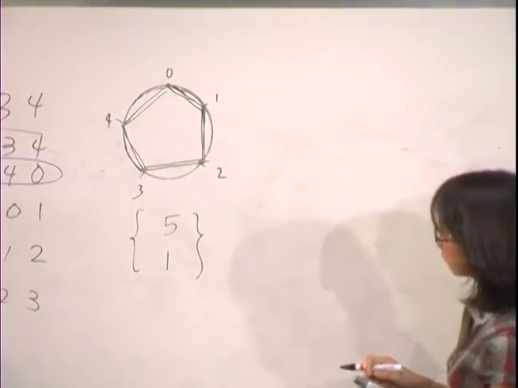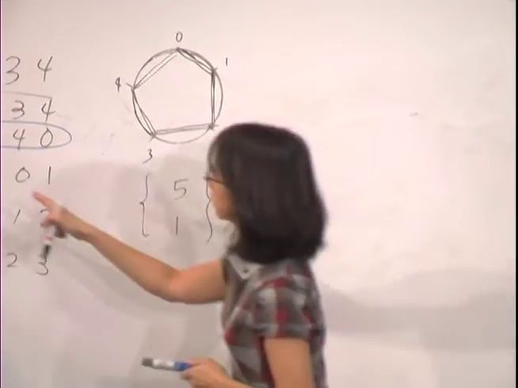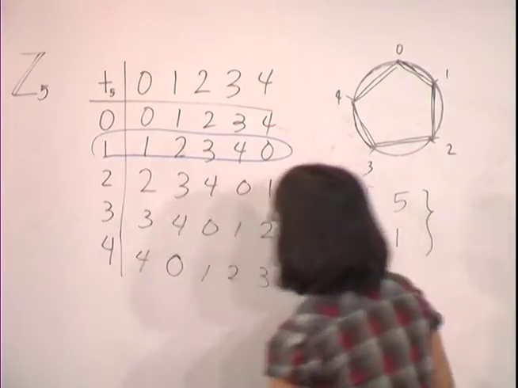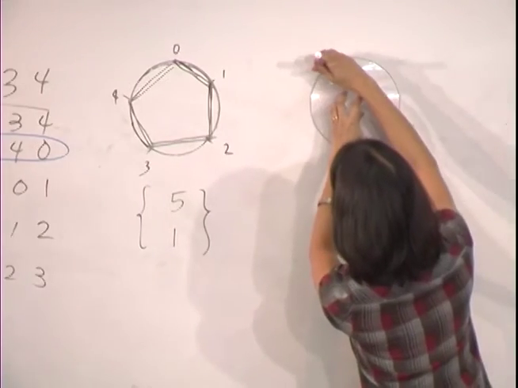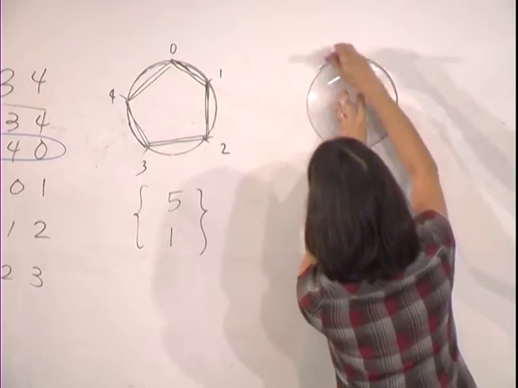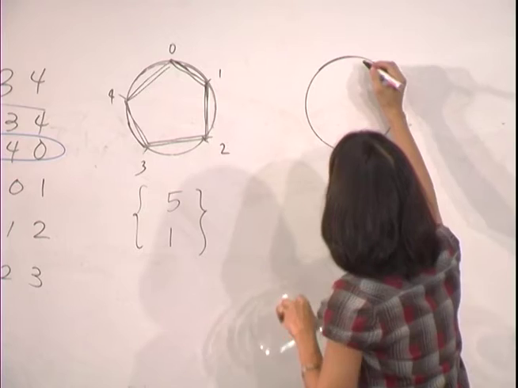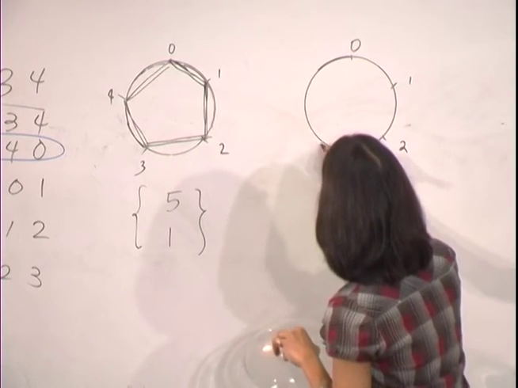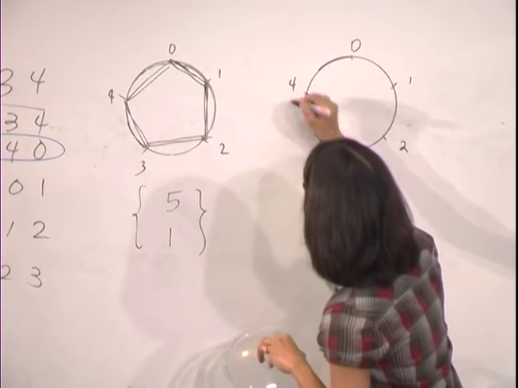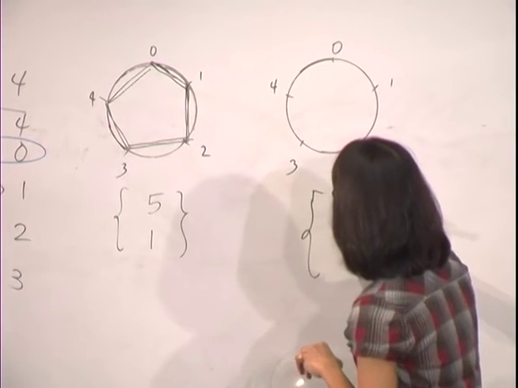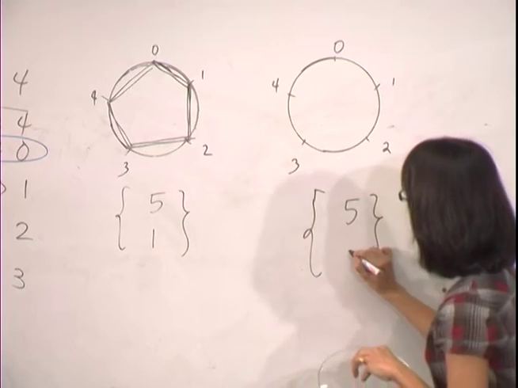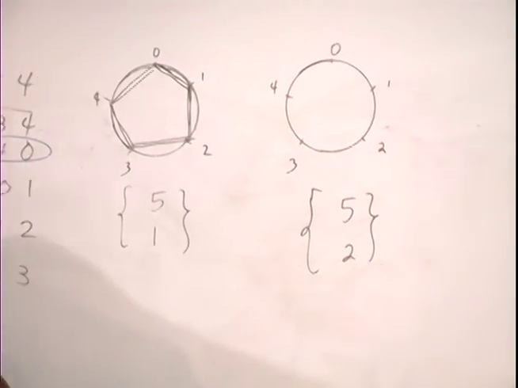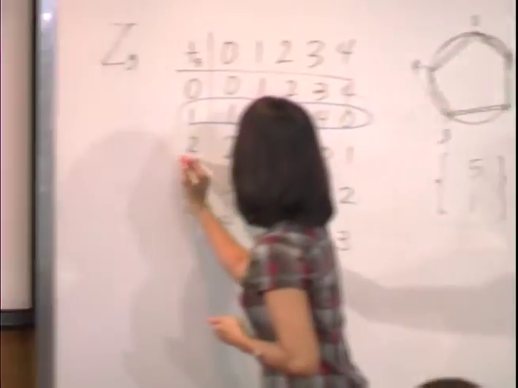All right. What figure will I get if I use 2 now? Any guess? What would my graph look like this time? So this is 0, 1, 2, 3, and 4. So our modulus is 5, our addend is 2. So we will concentrate on this portion of the table.